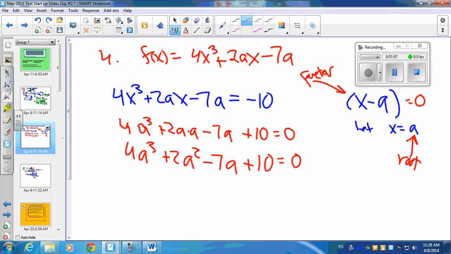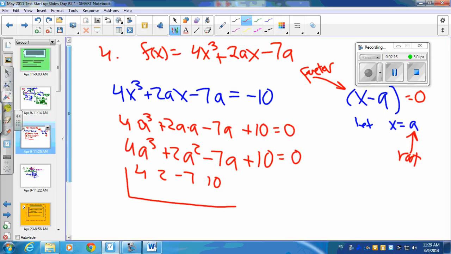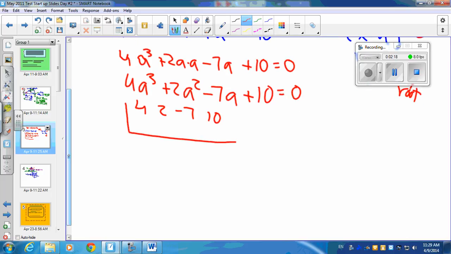Now what we want to do is find the value for a that makes this work. Well, you're going to have to either do trial and error or synthetic division. So should we try it? You're going to want to see which one works. So you've got to try some things.